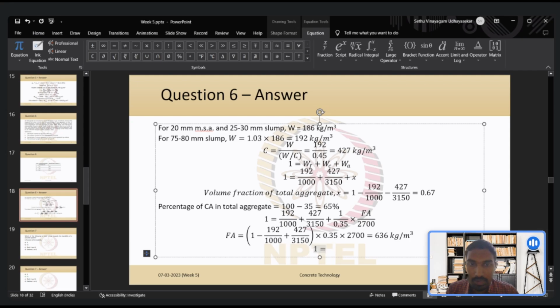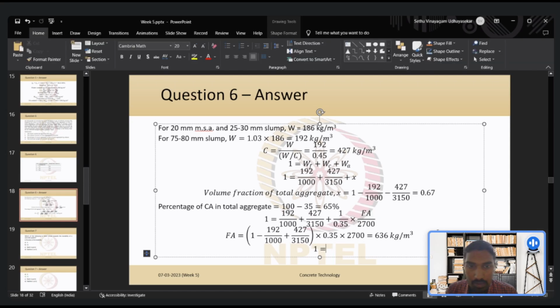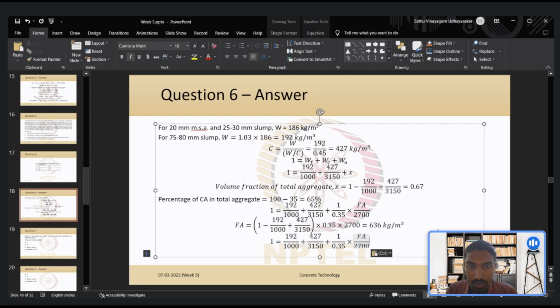Which is just one component, the last component that is missing, right? So we know water, we know cement, now we know fine aggregate as well. Fine aggregate we calculated as 636. So the remaining component is only the coarse aggregate, and its unit weight is 2600 kilograms per meter cubed, right?